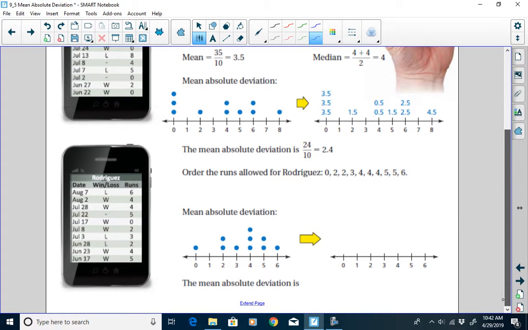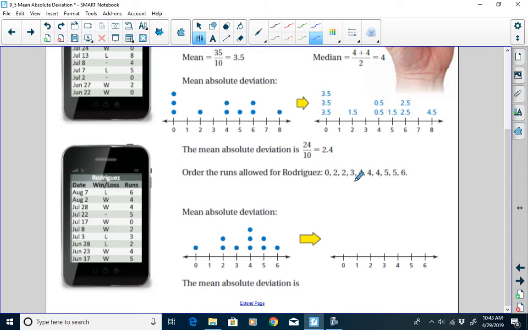We want to do the same thing for Rodriguez. So let's start by finding the mean. We have to add each of his data items. So we start with 0, and then we add 2, and then another 2, and then 3, and then 4, 4, and 4 again, 5 and 5, and then a 6.